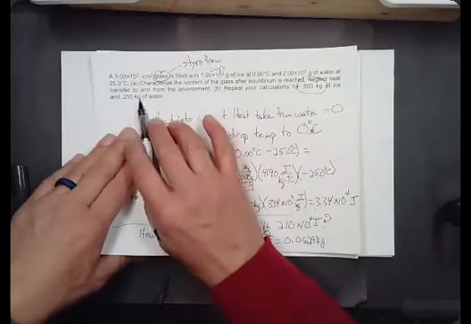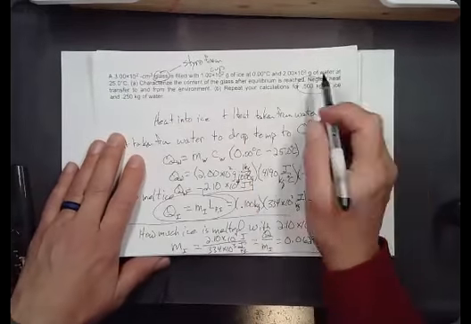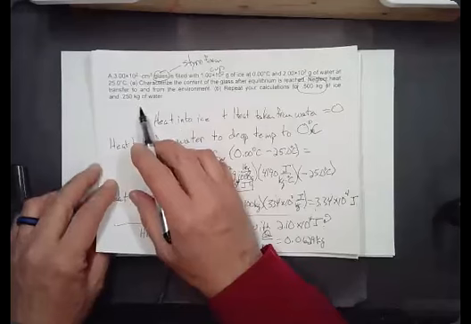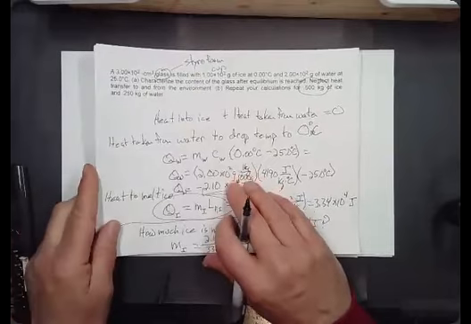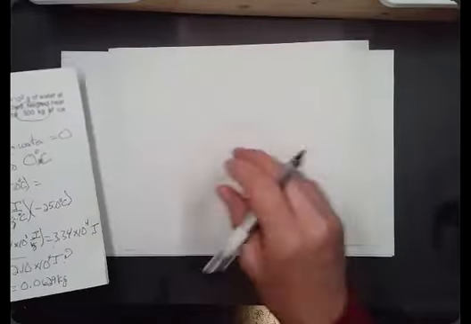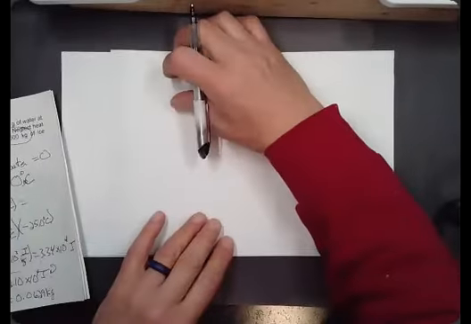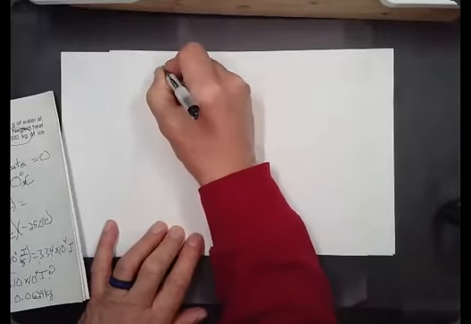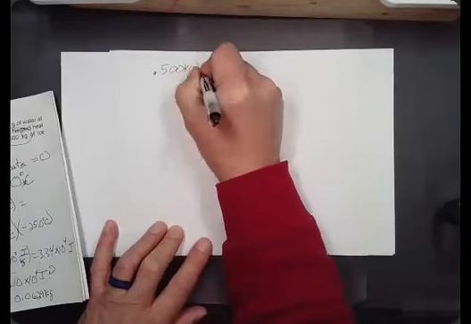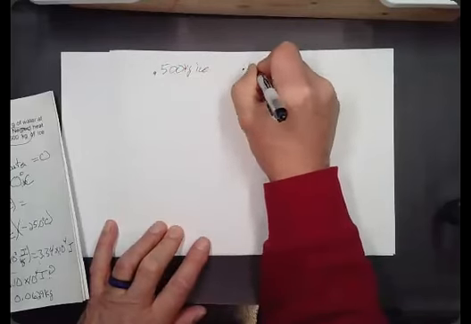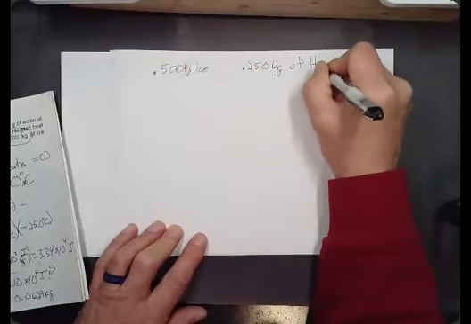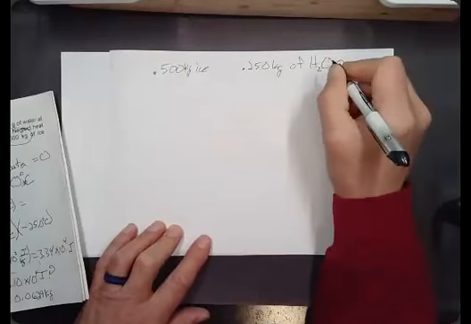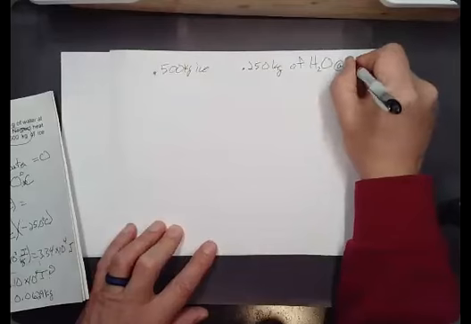However, we've changed the amount of water that we have from 200 grams to 250 grams. It's just a repetition of the same calculation. So I guess we could go ahead and do it again. So now we've got 0.500 kilograms of ice and 0.250 kilograms of H2O at 25.0 degrees Celsius.